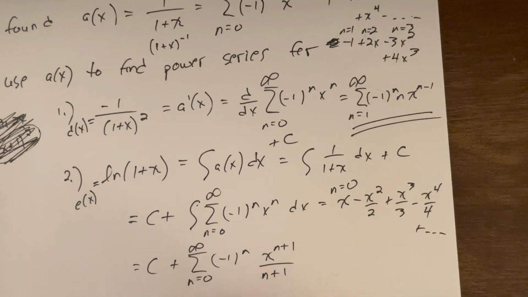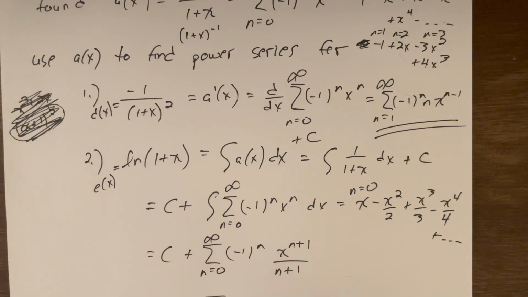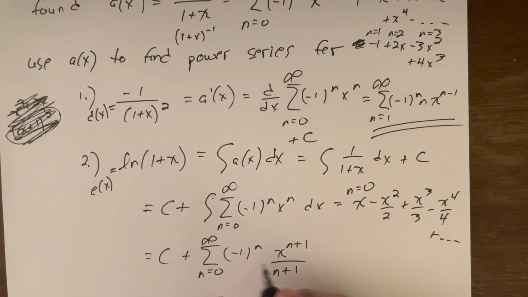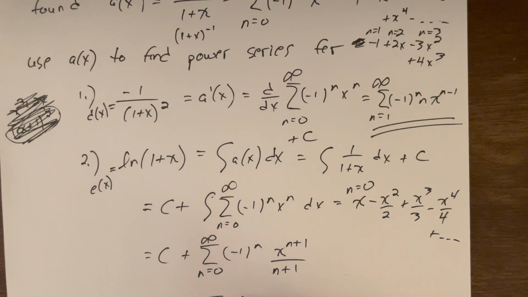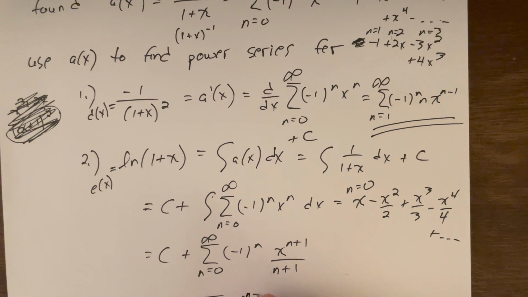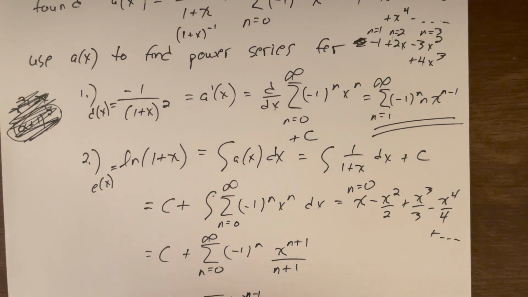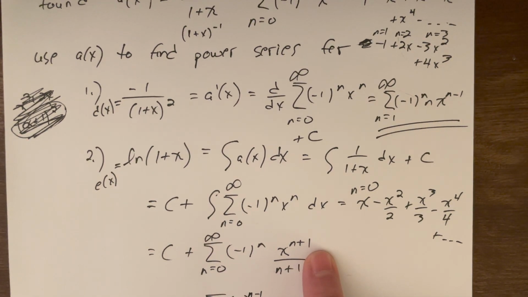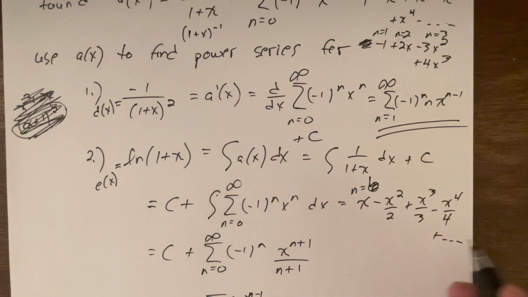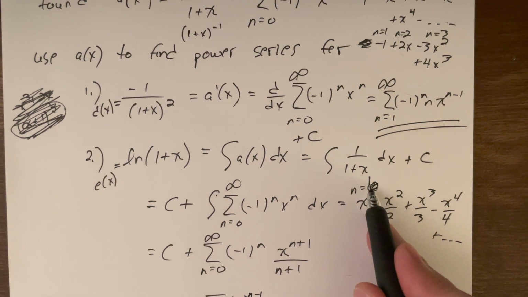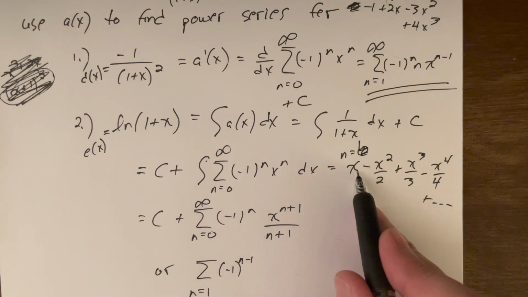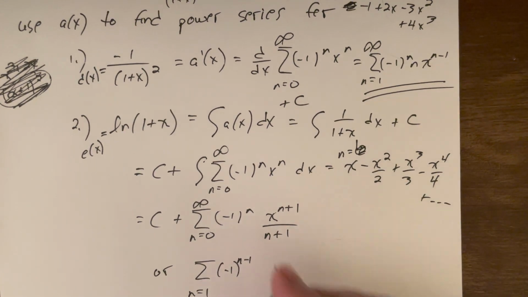So if n equals 1, now I have to play with the exponent here because I need this to start with a positive. So either n minus 1 or an n plus 1. And that just makes it a little bit nicer because now if you start with n equals 1, the n value matches the power of x and matches the denominator.